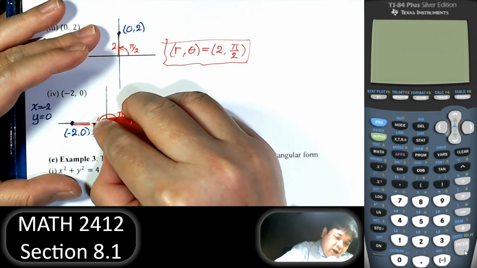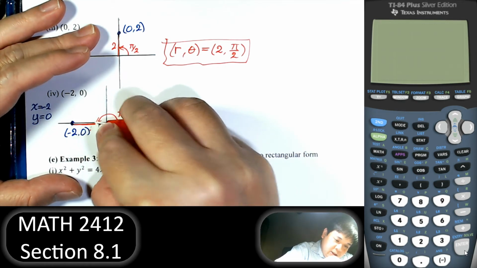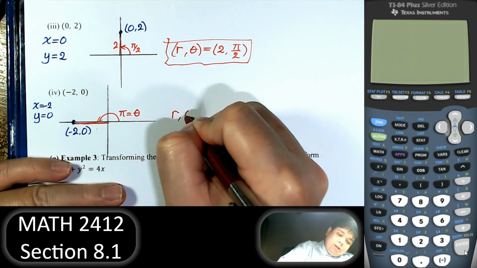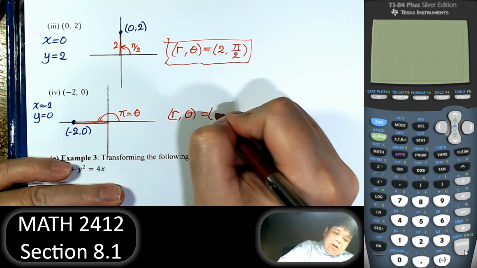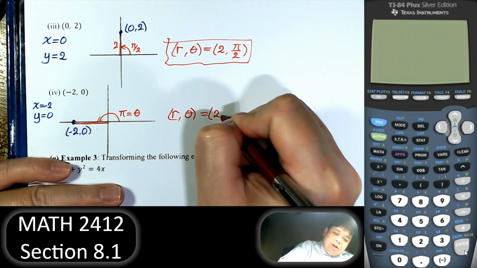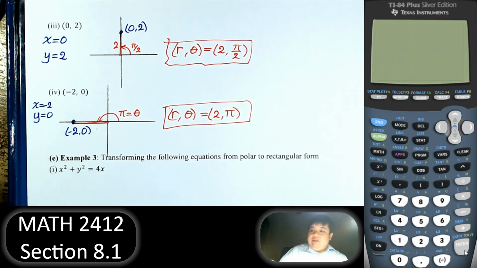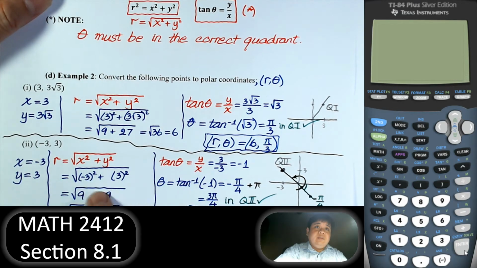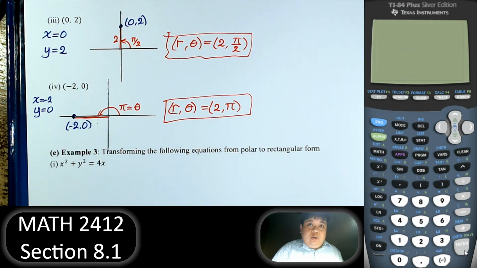So the polar coordinates are going to be r is equal to 2 and the angle is pi. Yeah, we don't even need to do this. So when one of the coordinates is equal to 0, it will be easier to just follow that.